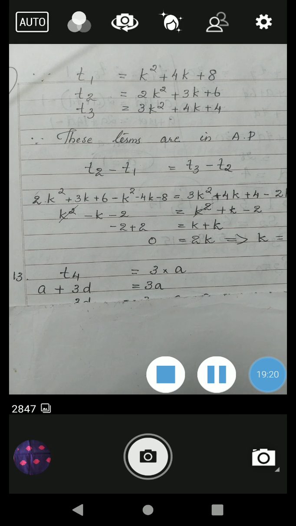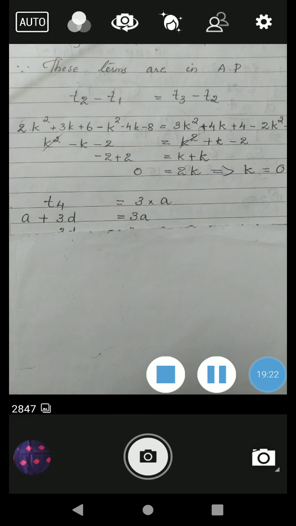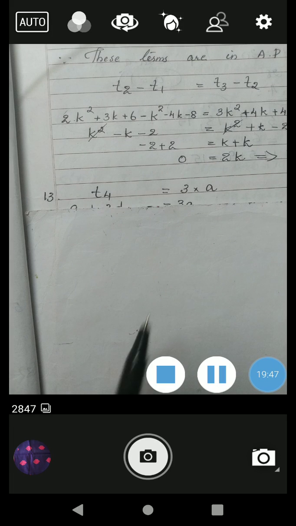Now one more question, 13th. The fourth term of an AP is equal to 3 times its first term and the seventh term exceeds twice the third term by 1. Find the first term and the common difference. Find A and D. Here it is given the fourth term is equal to 3 times the first term.